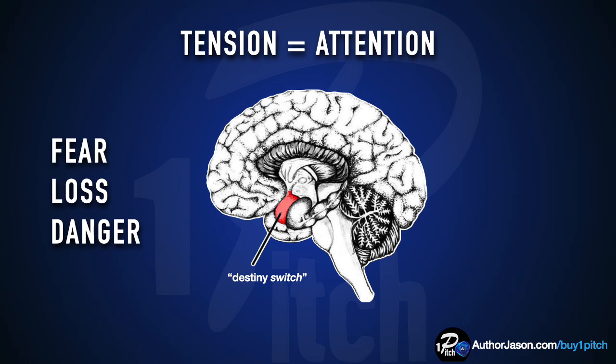So when they are misaligned, when they are not aligned to their destiny, they are fearful. The destiny switch turns on, and they become fearful: oh my God, I'm not on my destiny path. What if I don't get on the path? So all the mistakes that you are making are all because of this.